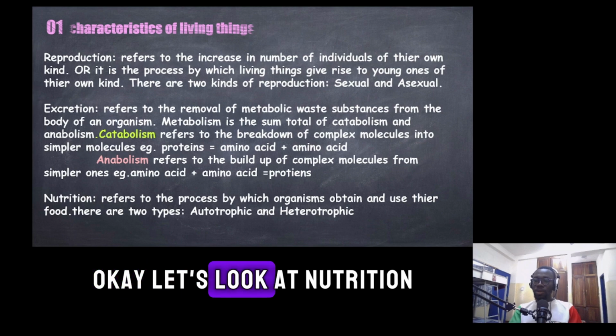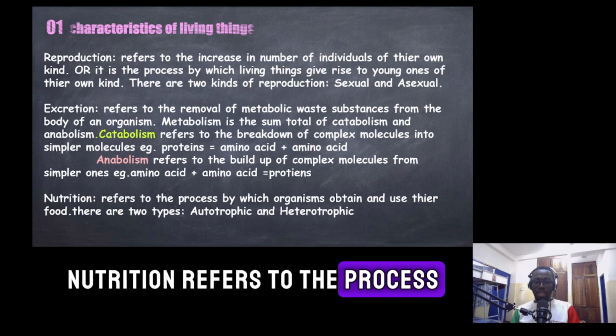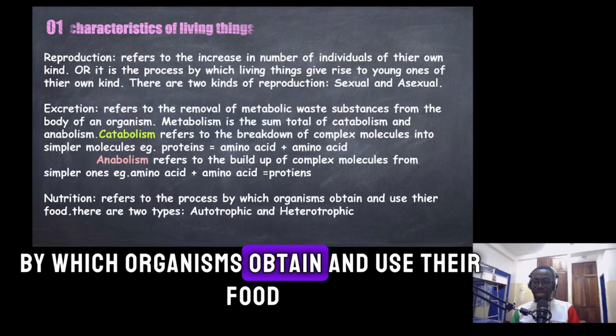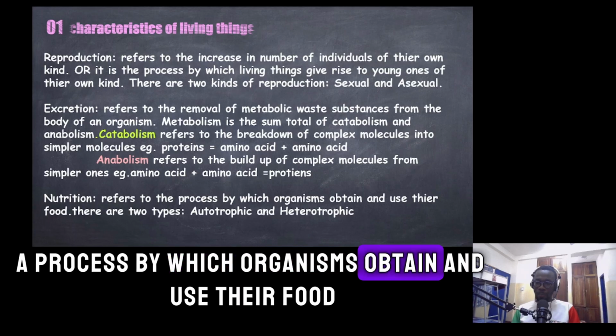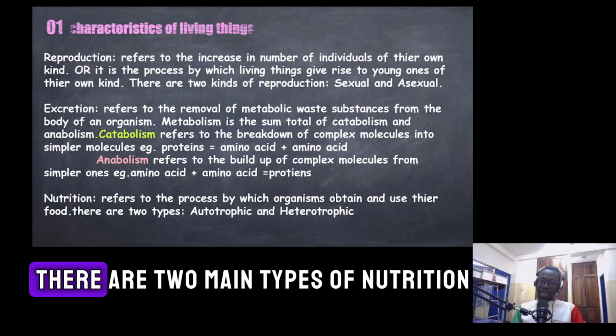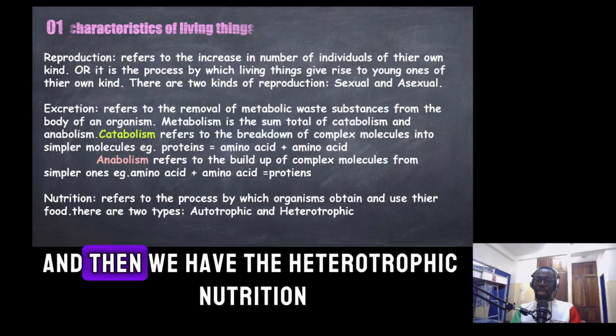Okay, let's look at nutrition. Nutrition refers to the process by which organisms obtain and use their food. There are two main types of nutrition. We have the autotrophic nutrition and then we have the heterotrophic nutrition.